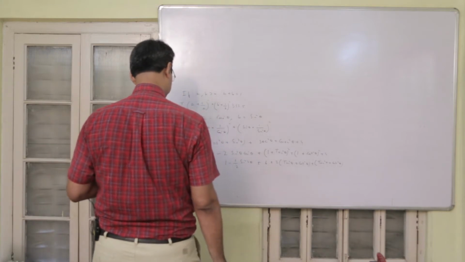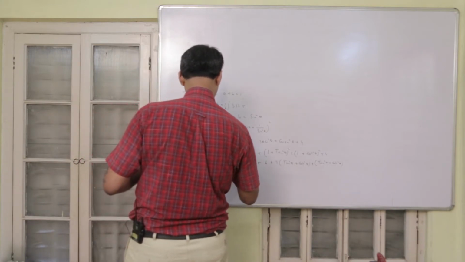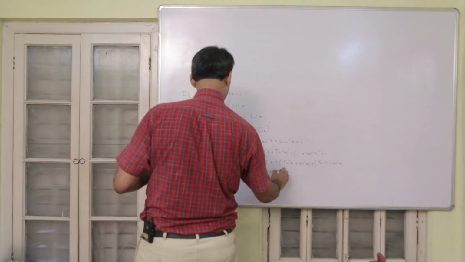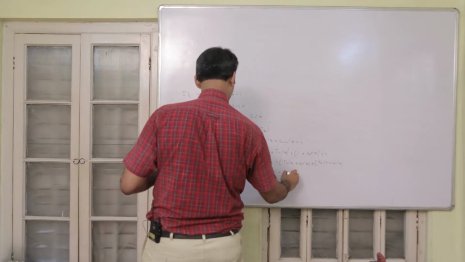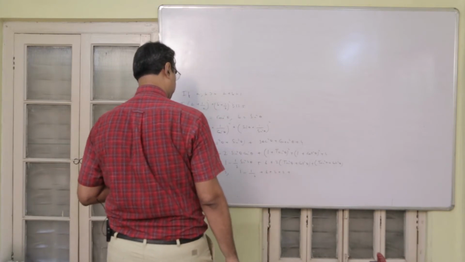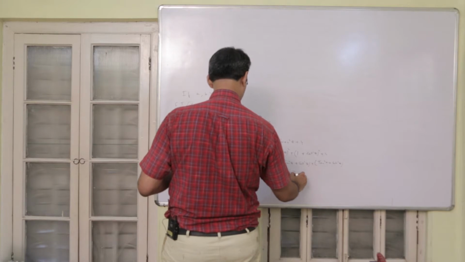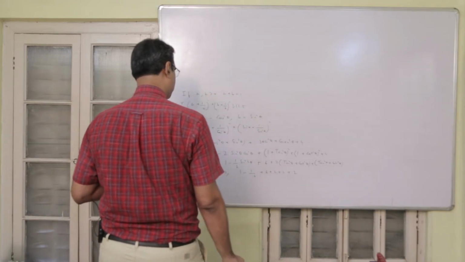Now we know that the maximum value of sin square 2 theta is 1, and using AM-GM inequality, the minimum value of tan square plus cot square is 2 and tan 4 plus cot 4 is also 2.